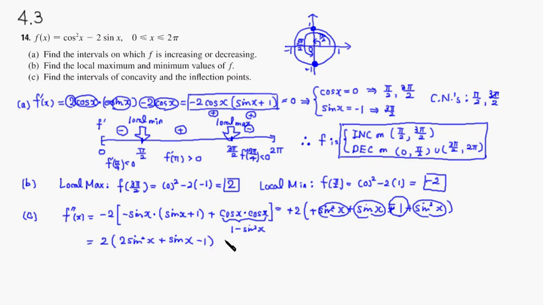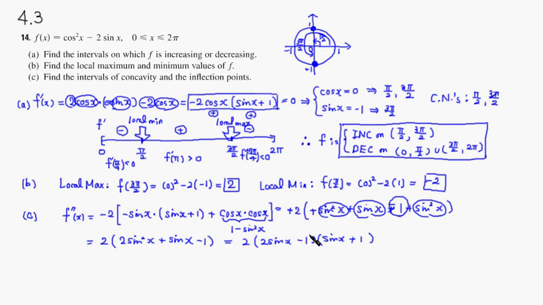This we can factor as 2 times, 2 sine of x and sine of x, so we'll have plus 1 here and minus 1 here.